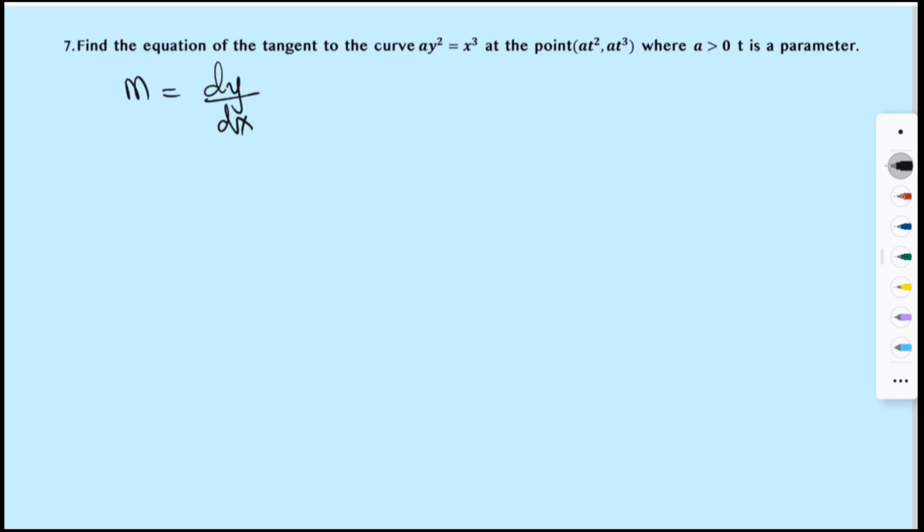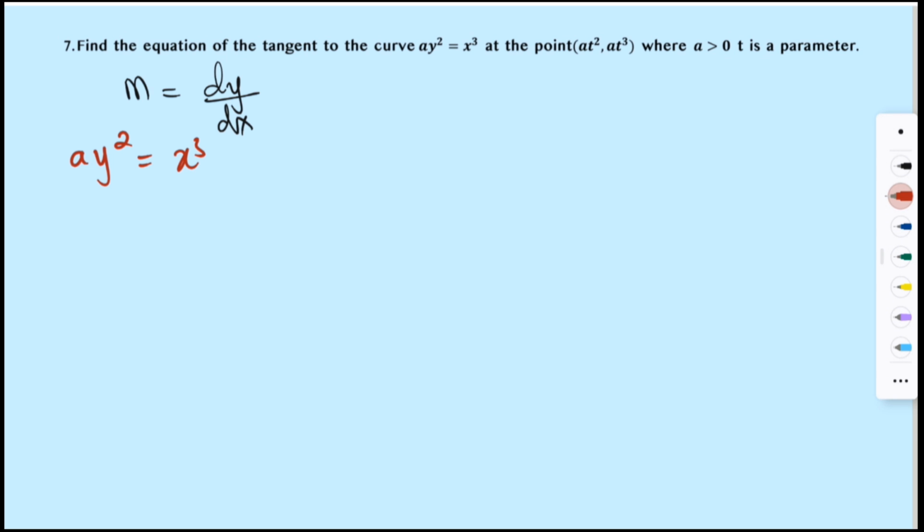Okay, let's start off with the left hand side. So I'm just going to write this down. a y squared equal to x cubed. To implicitly differentiate this, we can see that this is the product of two different terms, so we use the product rule.